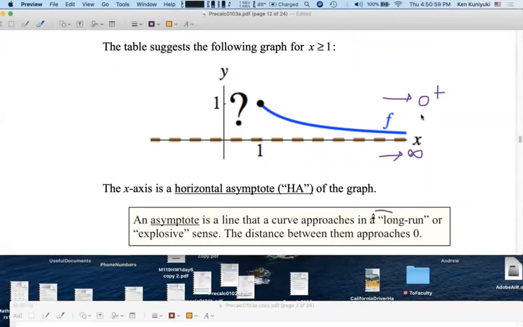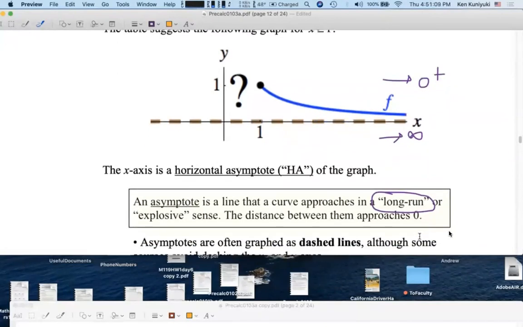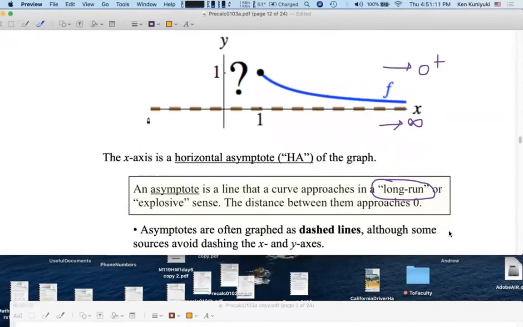Here we're looking at things in a long run sense. The distance between the graph and the line approaches 0. We usually indicate asymptotes as dashed lines, although sometimes if the x-axis is an HA, or if the y-axis is a VA, a vertical asymptote, some books don't bother.